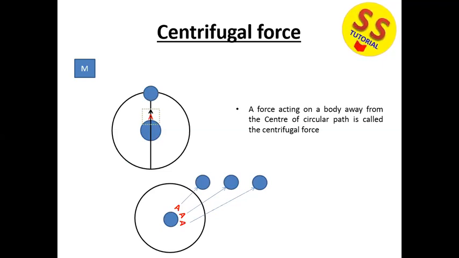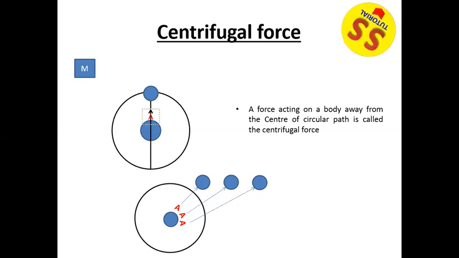Let me explain. I stand two persons, one at position M and another at position A. A is inside the motion and M is outside the motion. Clear?